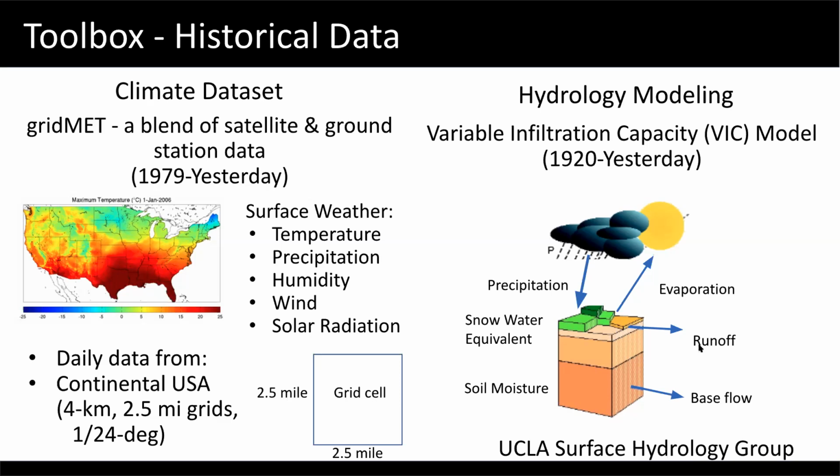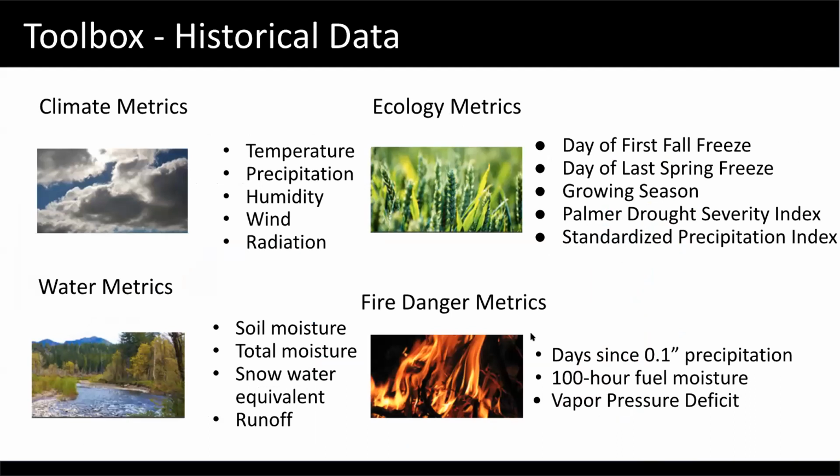It also has runoff for streams and lakes and base flow. And so the result is that in the Climate Toolbox, you'll find summary data for climate metrics and water metrics coming from that GridMet and VIC modeling.